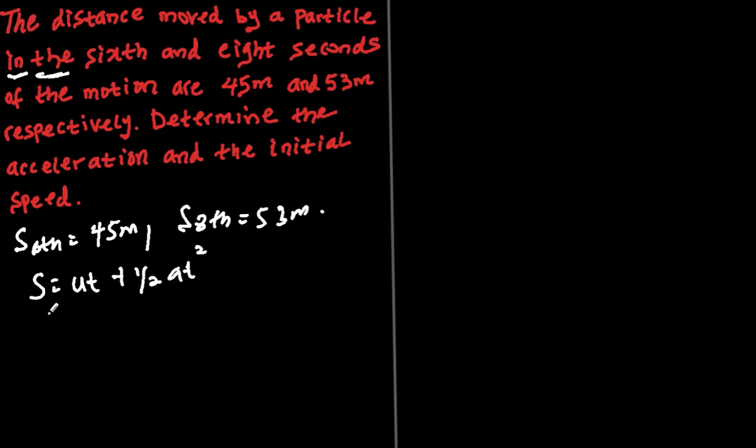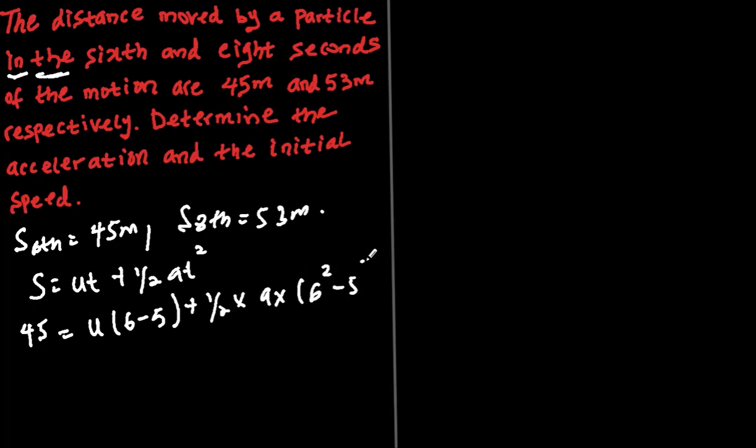So let's plug in. Let's start with the 6 seconds. Don't forget, in the 6 seconds, that will be the interval between 6 and 5. So that will be 6 squared minus 5 squared. So 45 for the 6 seconds now. 45 equals u is unknown, t will be 6 minus 5, which is practically 1, plus half times acceleration is unknown, times 6 squared minus 5 squared.